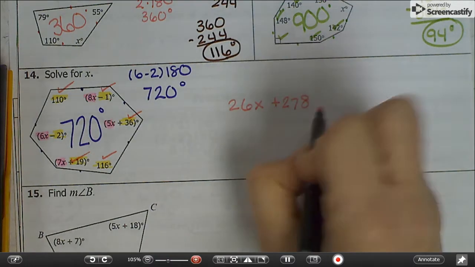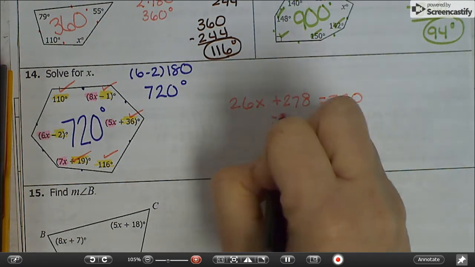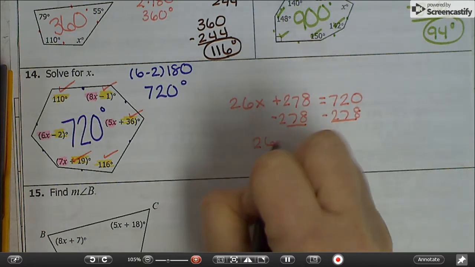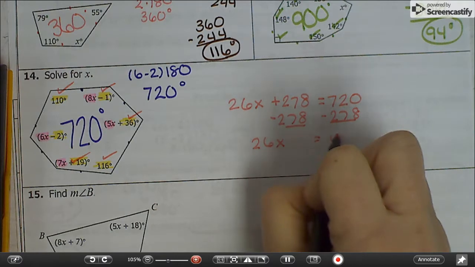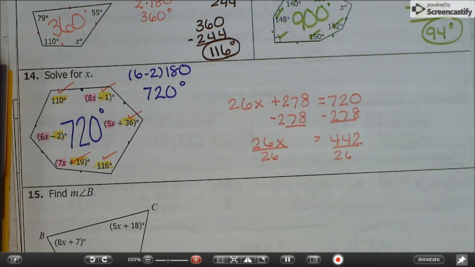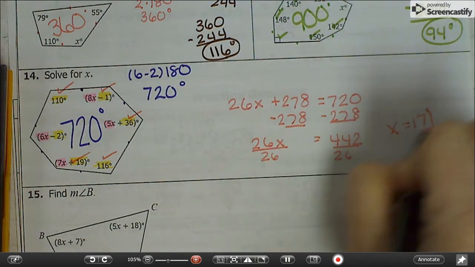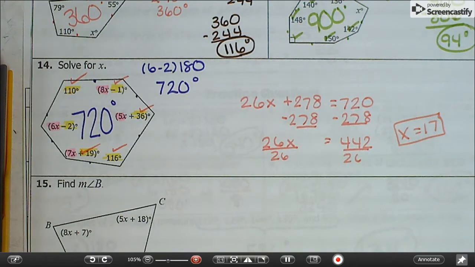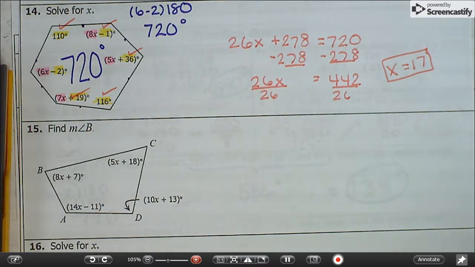And that has to equal 720. And then solve. So x equals 17, not degrees, because it's just x. All right, try number 15 on your own, and then come back and check.